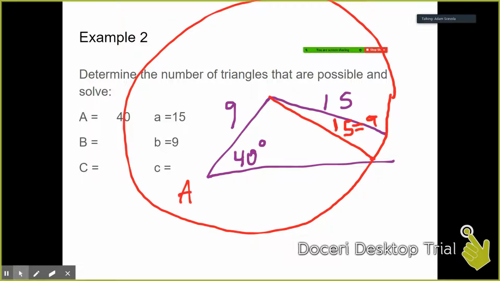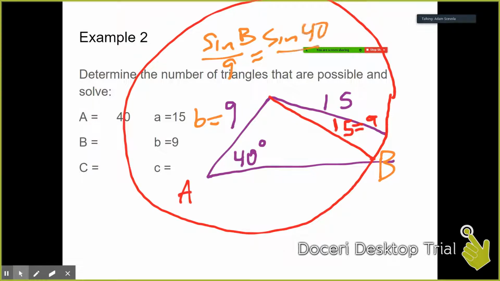Now we could do the law of sines with angle B, which is across from side B, by doing the sine of B over 9 is equal to the sine of 40 over 15.